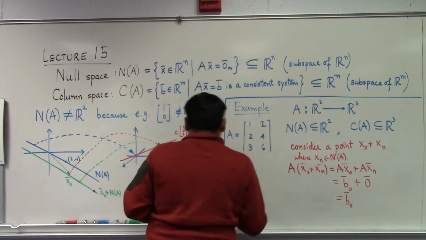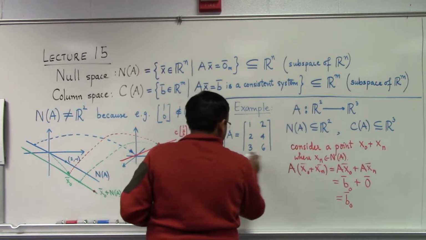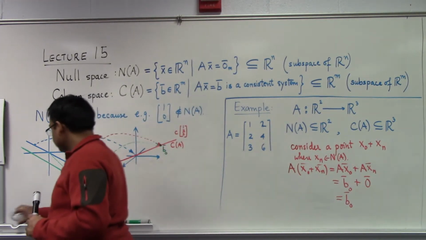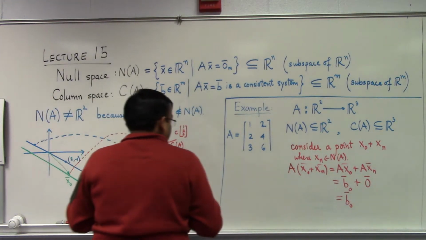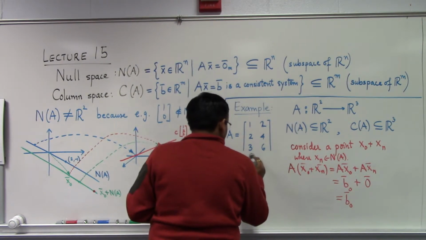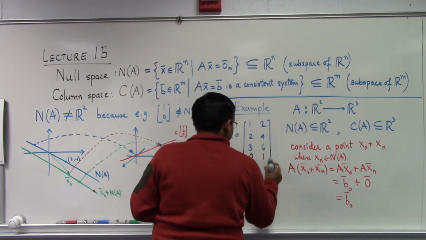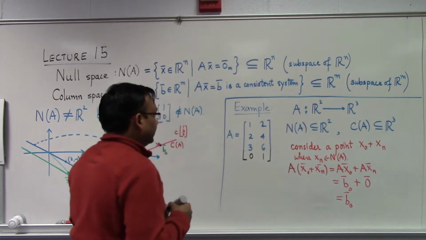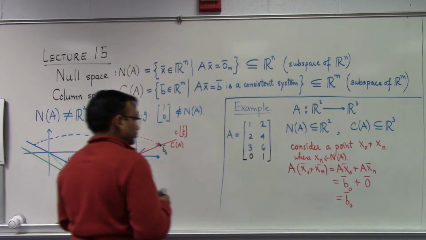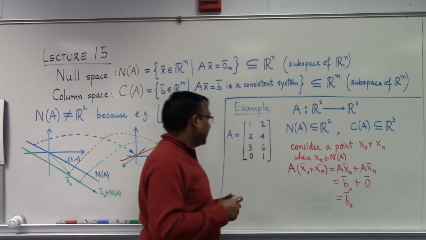So I'm going to introduce a small change in my matrix A. So I'm going to add another entry. Let me put a 0 here and let me put a 1 here. Okay, so now I have changed my A from a 3 by 2 matrix to a 4 by 2 matrix.